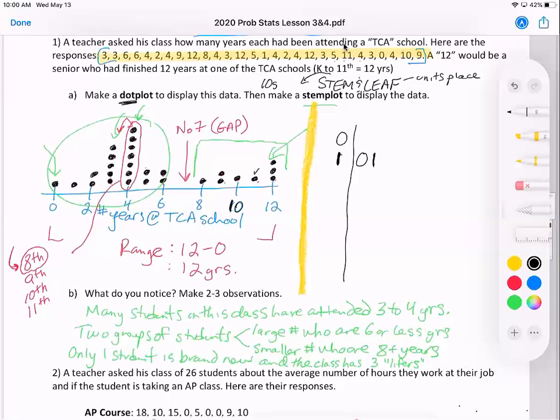And then you have 3 12s, so you'd have 3 2s. So the way you read this is it would be a 1 and a 0, a 1 and a 1, a 1 and a 2, a 1 and a 2 again, and a 1 and a 2 again. So that's basically kind of converting it back to the original information.